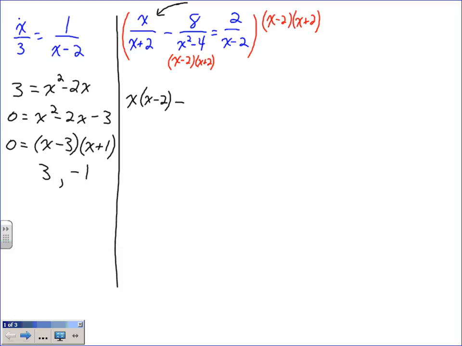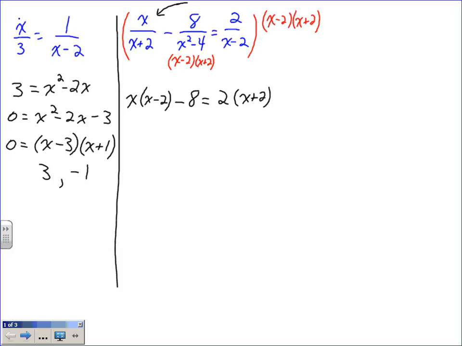The x minus 2 will cancel with this x minus 2, the x plus 2's will cancel, and I'm just left with 8 equals. And in the last term, the x minus 2's will cancel, and I've got 2 times x plus 2. And that's a much easier problem to solve.